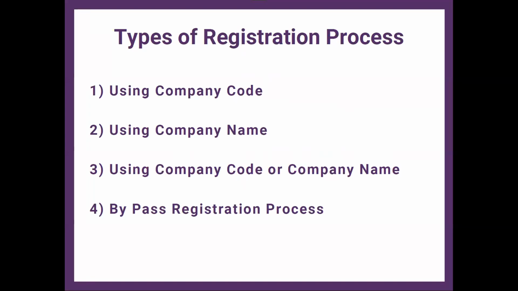So the first type of registration process is using the company code. In this type of registration, the user will have to use the company code that is sent to them in their invitations.